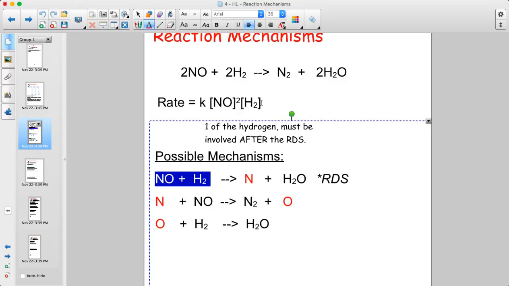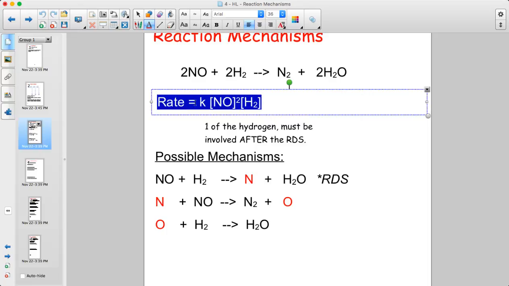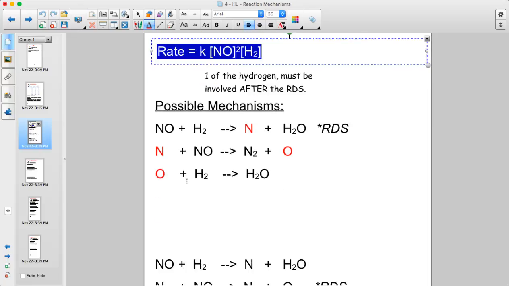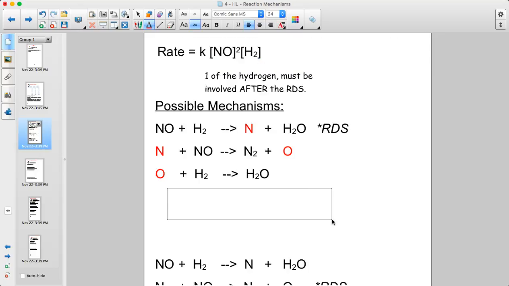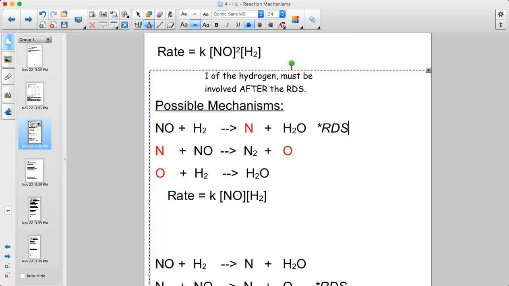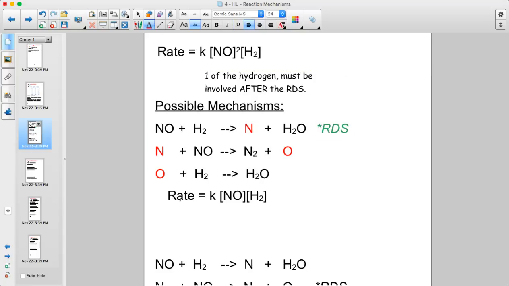So if we look at our original rate equation, and then we look at this possible mechanism, it would look like this. Based on this mechanism and this first step being the rate determining step, this is the rate equation that we get.